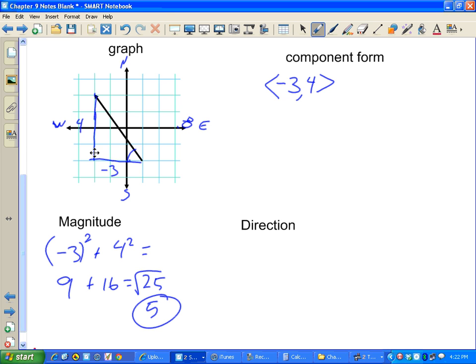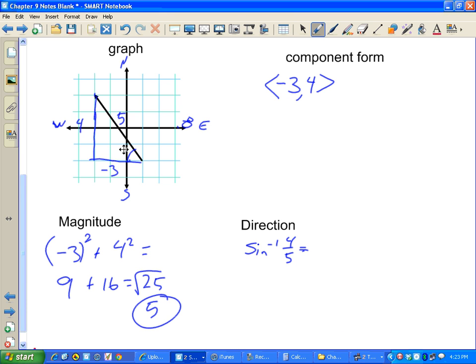So direction, we are going to use our inverse trig function. I've got opposite. Well, I've got all three parts, so really you can do whatever you want. But let's see. If I'm talking about this angle, let's do a sine inverse. So sine inverse of opposite over hypotenuse, 4/5. And what does that equal?